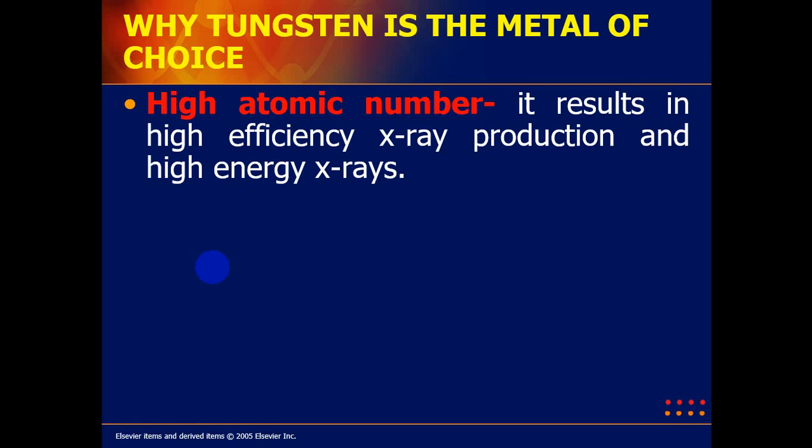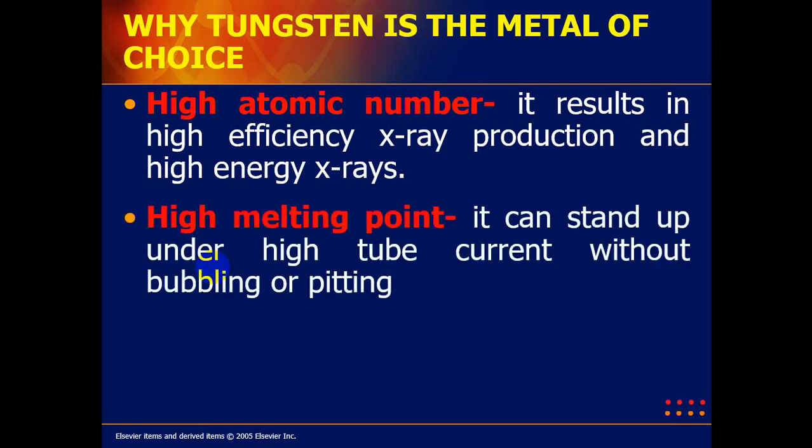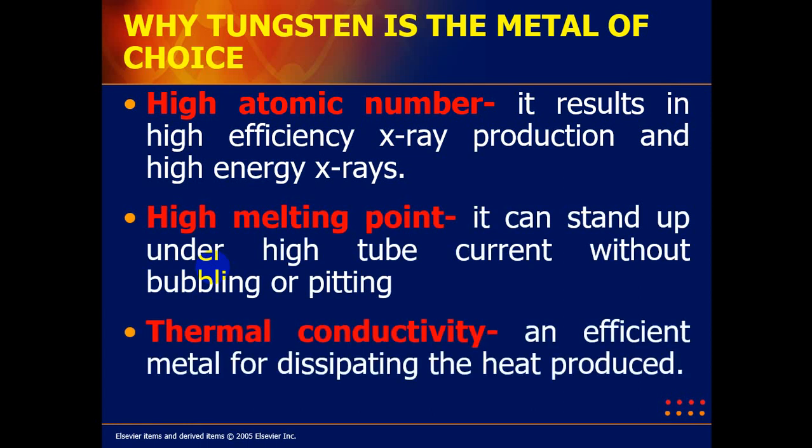It results in high efficiency X-ray production and high energy X-rays. And it has a high melting point, it takes a long time to melt. Because it can stand up under high tube current without bubbling or pitting. And thermal conductivity, an efficient metal for dissipating the heat produced.